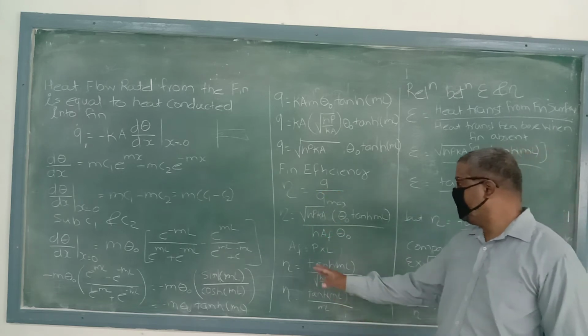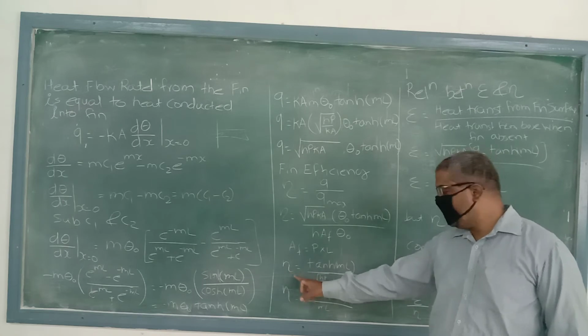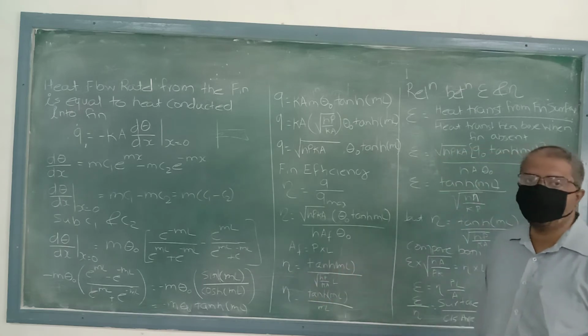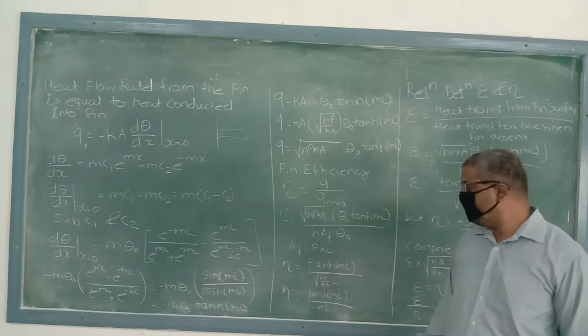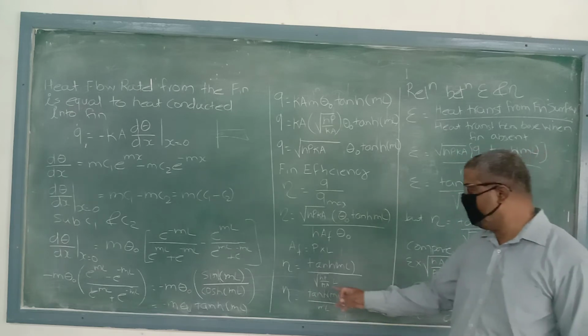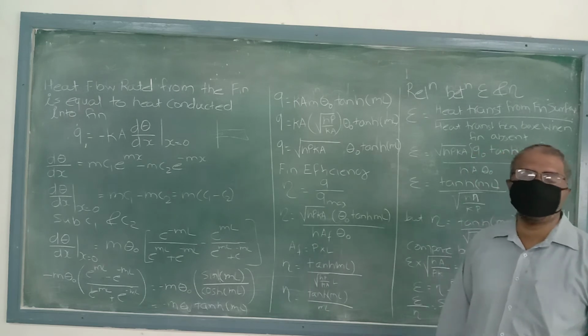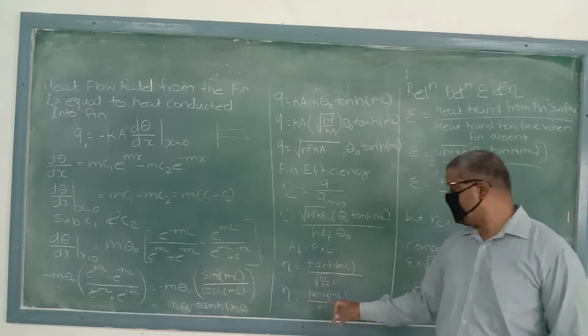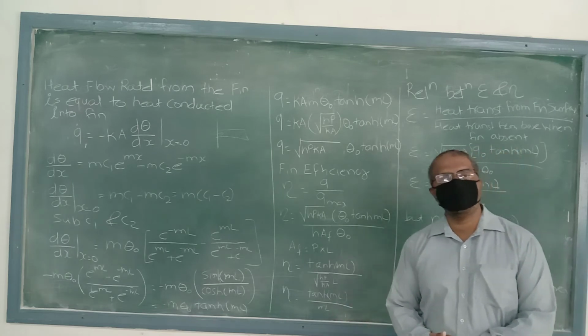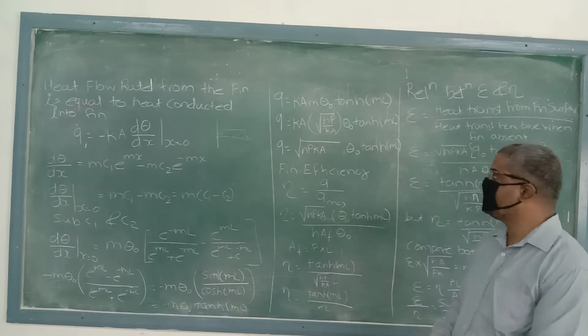So what happened? The equation again modifies. Efficiency = tanh(ml) under root hP by k into L. And we know that under root hP by k means again m. So efficiency = tanh(ml) upon ml.